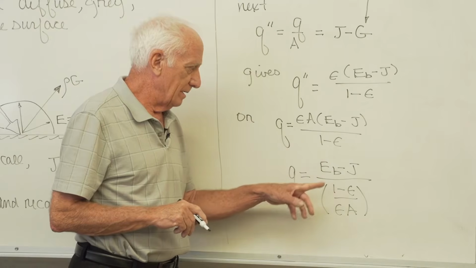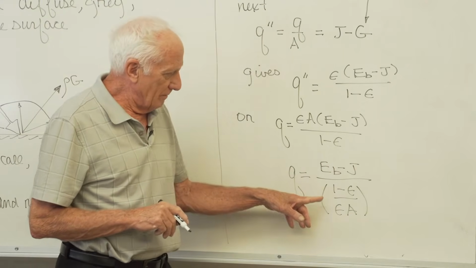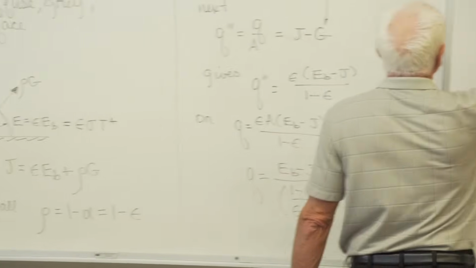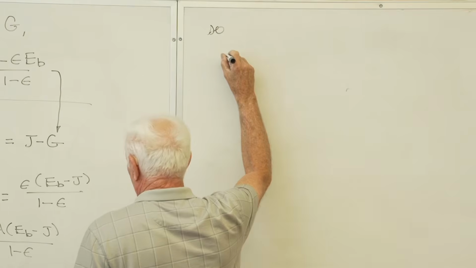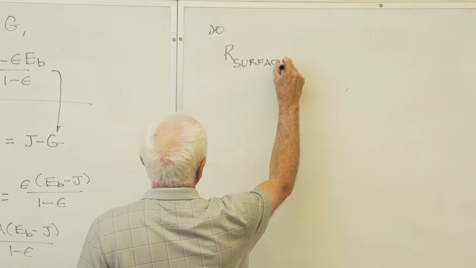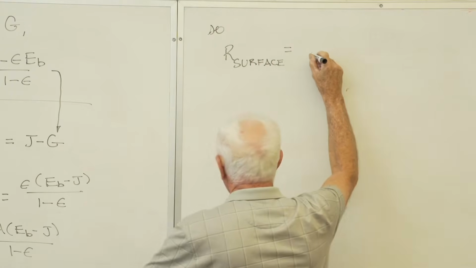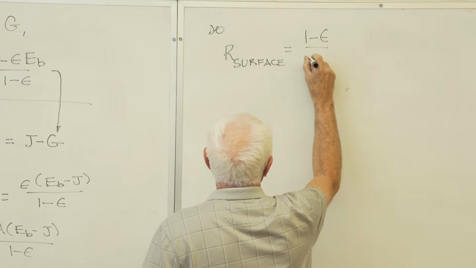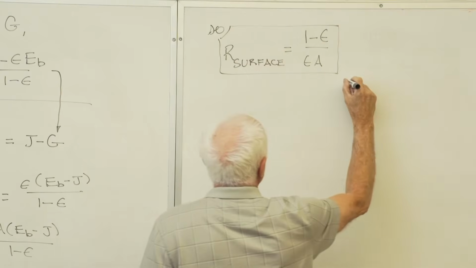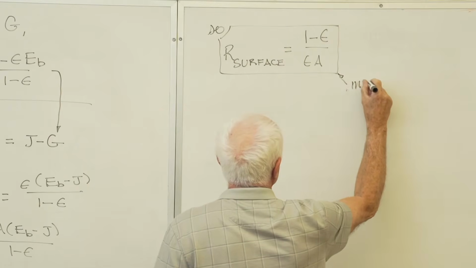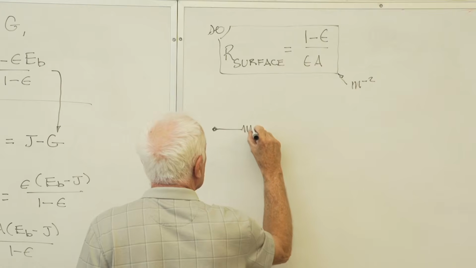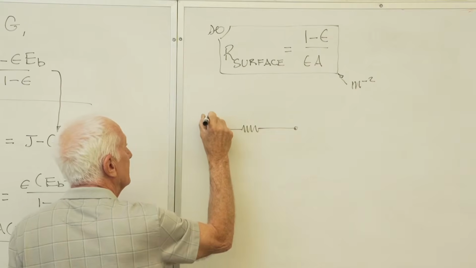So this has the format of Ohm's law, where this denominator is something like a resistance. We call it a surface resistance. R surface equals 1 minus epsilon over epsilon A. The units of this are meters to the minus 2.